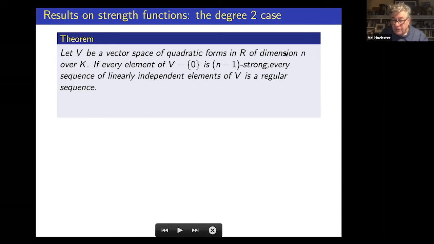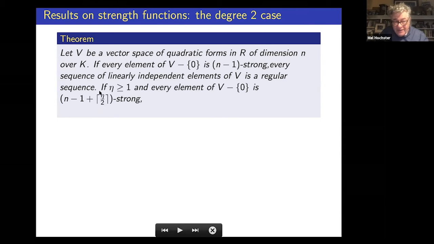So the strength function for dimension n is only n minus 1. And you may want to know what happens if you bring eta into it. And you just have to add eta over 2 rounded up to get eta into it. So eta is not a big deal in these strength functions. So that's the result for quadrics, and that is best possible.